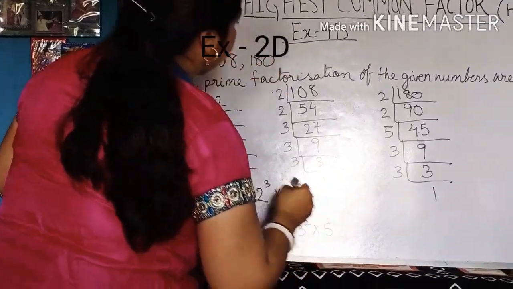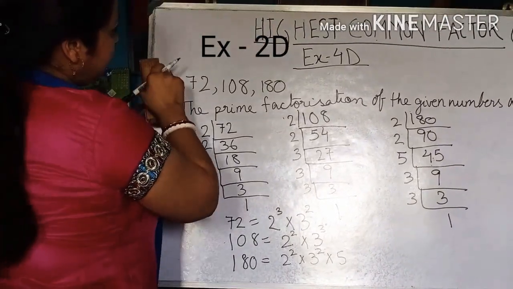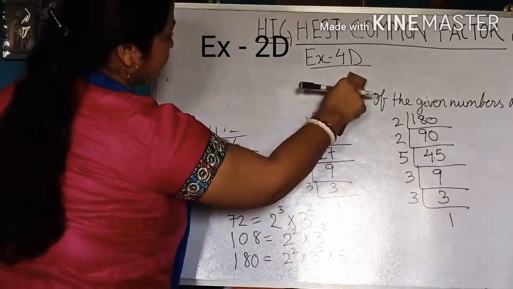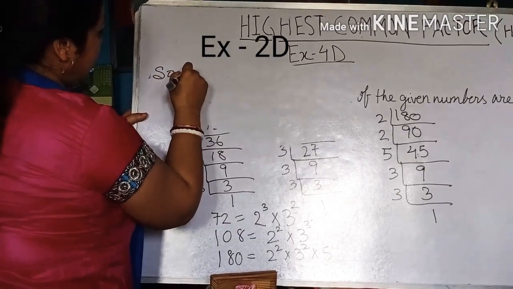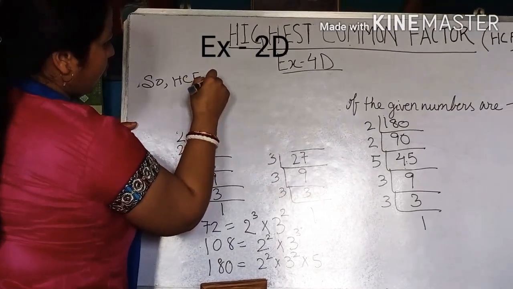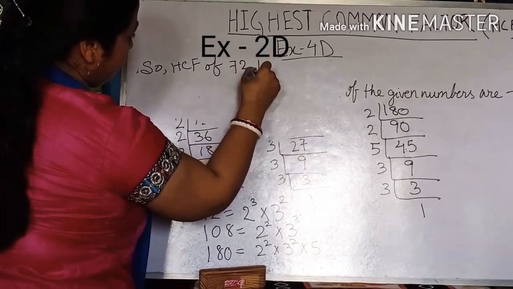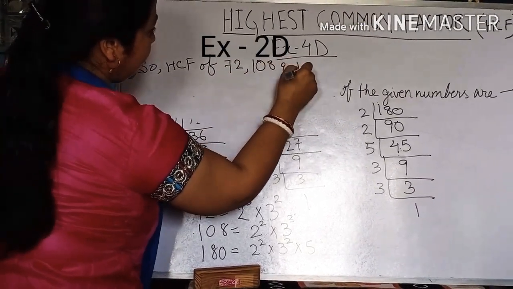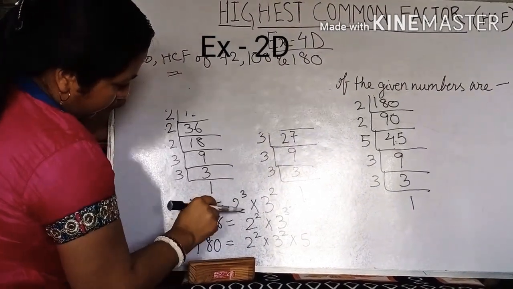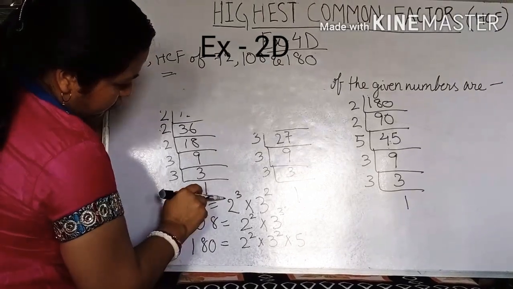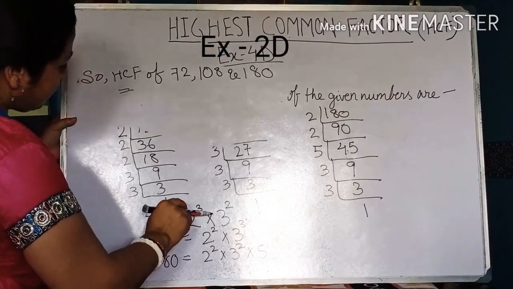So, what will be the HCF? HCF of 72, 108 and 180 is equal to, the lowest form will be the common. So in 2 to the power 3, 2 to the power 2, 2 to the power 2, which is the lowest one? 2 to the power 2, right?